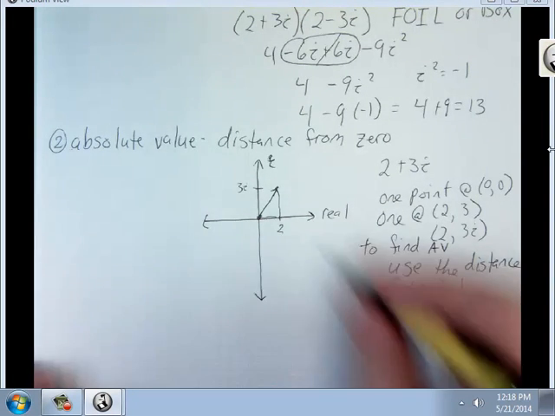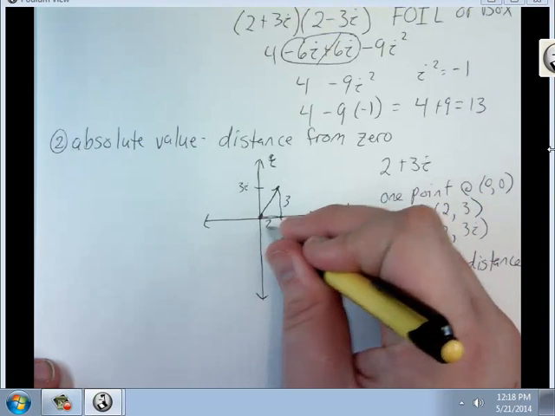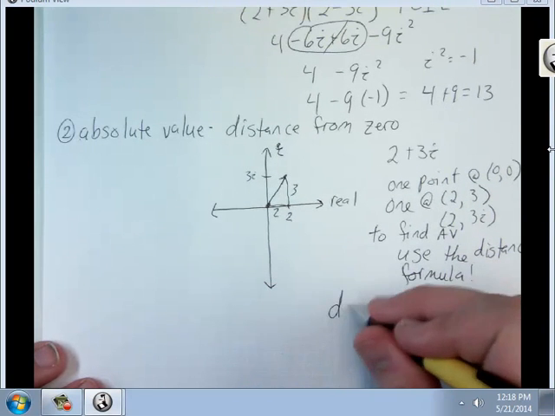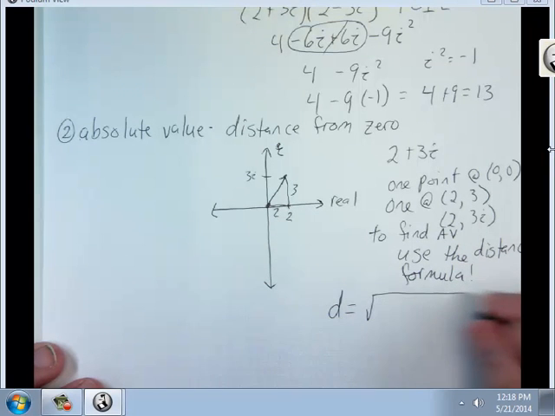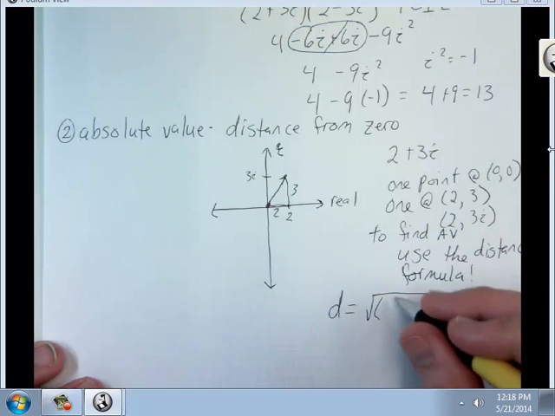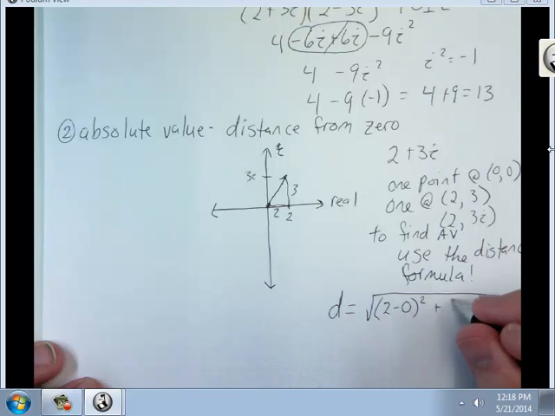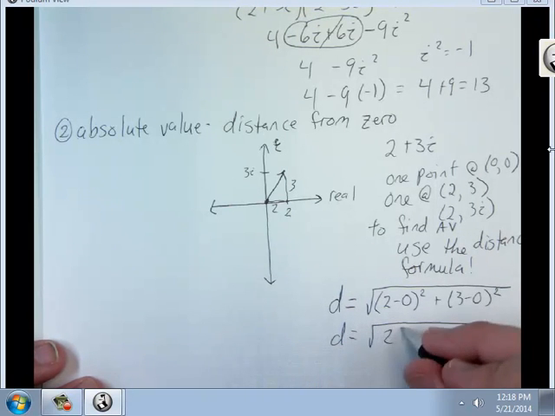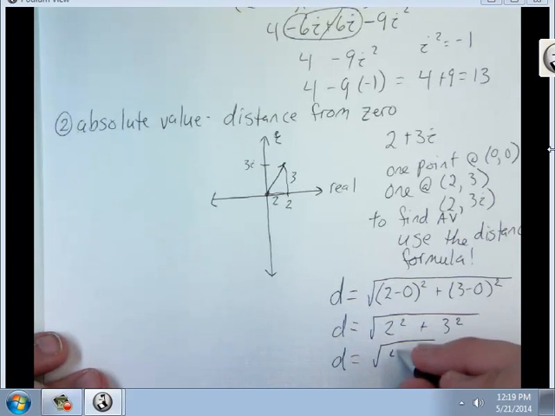That's 3 and that's 2. d equals the square root of 2 minus 0 squared plus 3 minus 0 squared. Square root of 2 squared plus 3 squared. Square root of 4 plus 9, which equals square root 13.